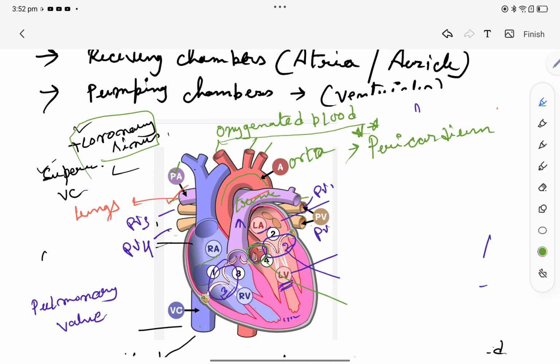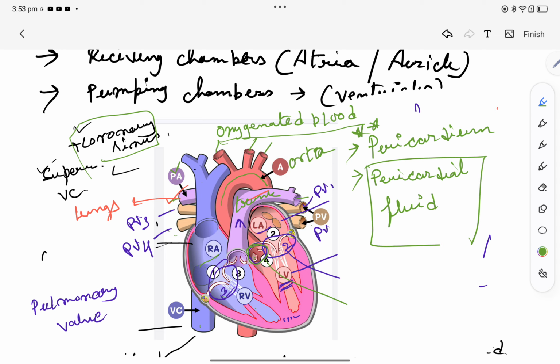The names of these coverings are very important. Now the pericardium has layers, and these pericardial layers are filled with pericardial fluid, which protects the heart from injuries.